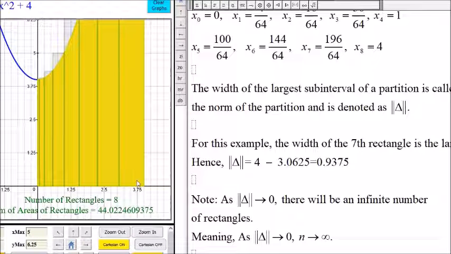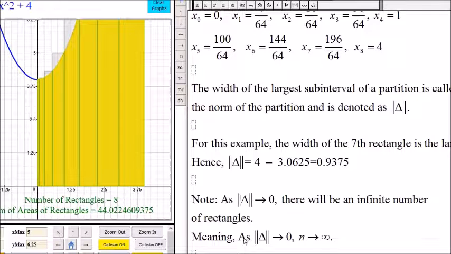And then also note that if we allow the norm or the largest width to approach 0, meaning making it smaller and smaller, making this largest one become 0, then the only way that would happen is if we have an infinite number of rectangles.